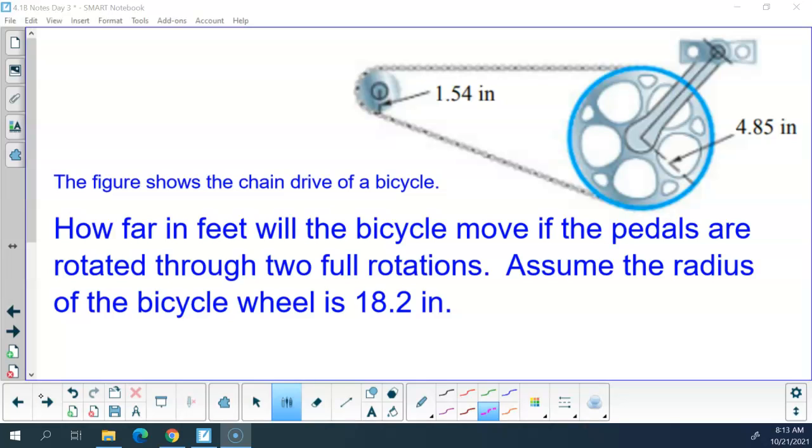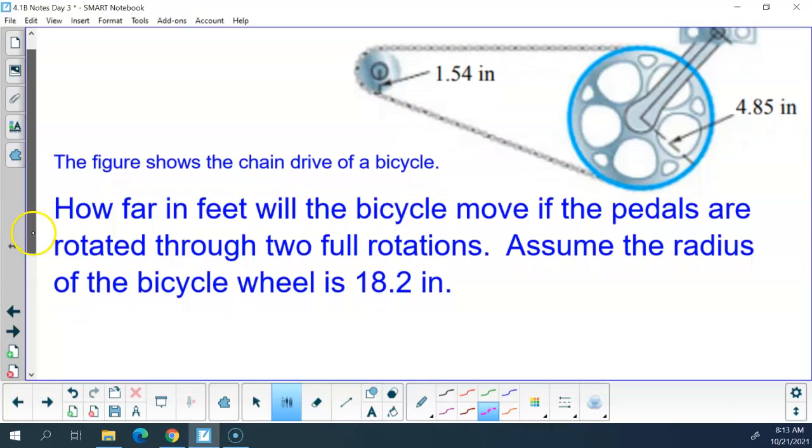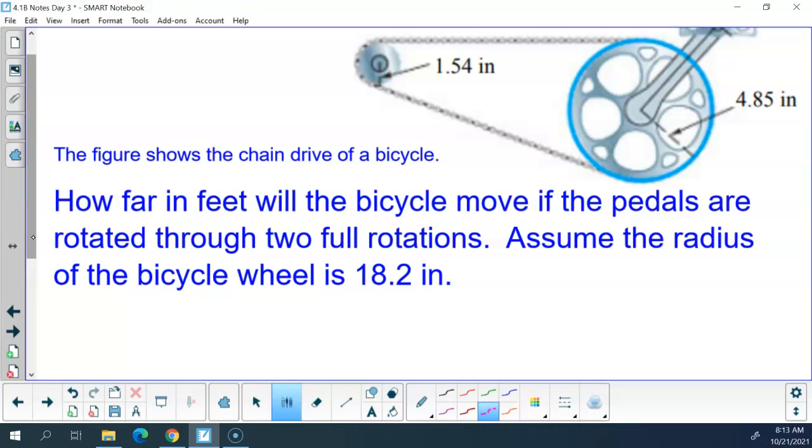What do we have to start? 2 full rotations.